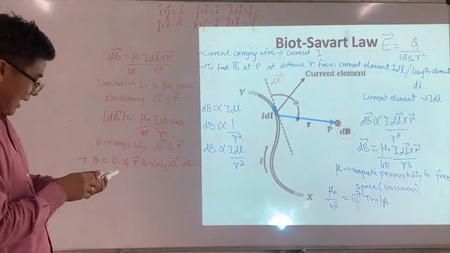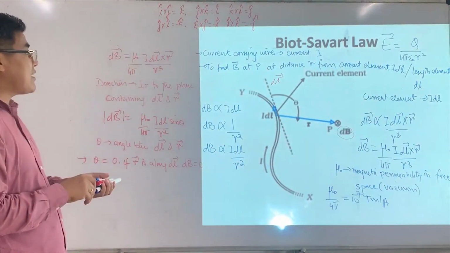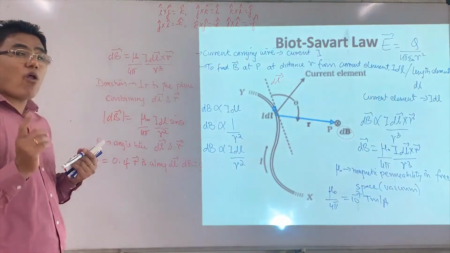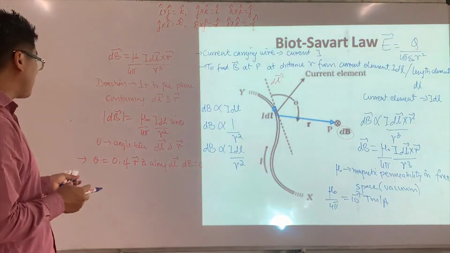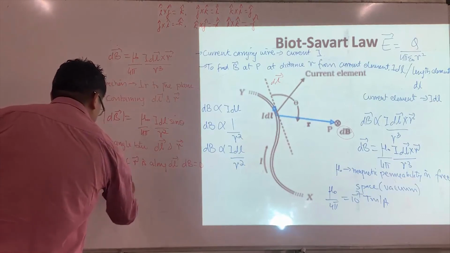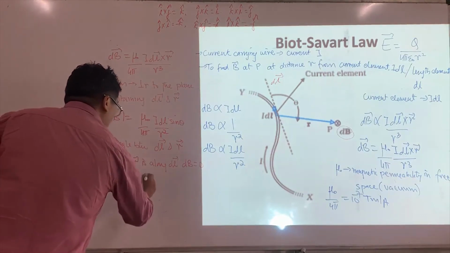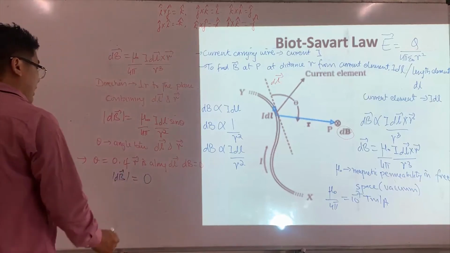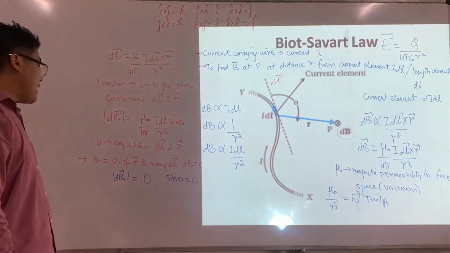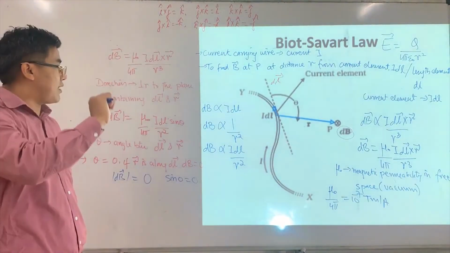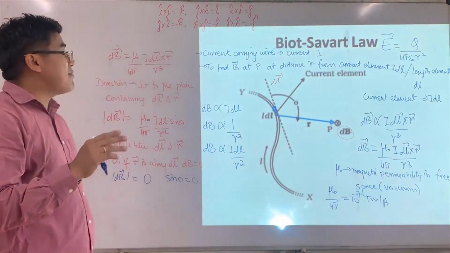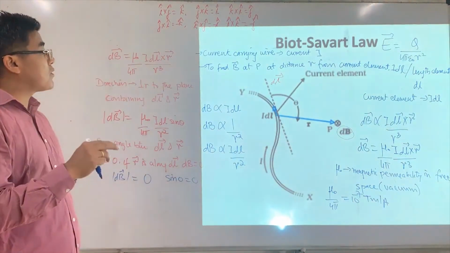So there is no magnetic field along the length element direction. If theta is 0, why? Because sine 0 is 0, so dB is going to be 0. This tells us there is no component of magnetic field along the length element direction.